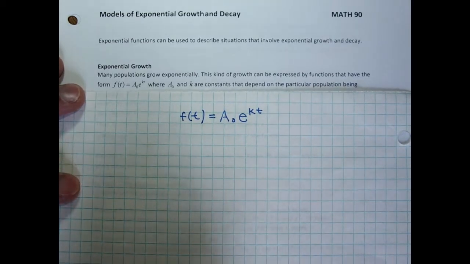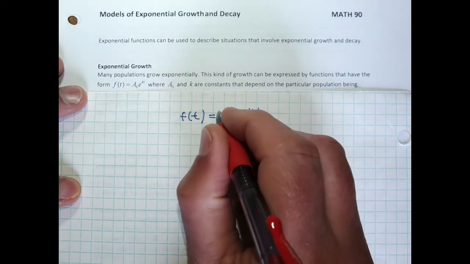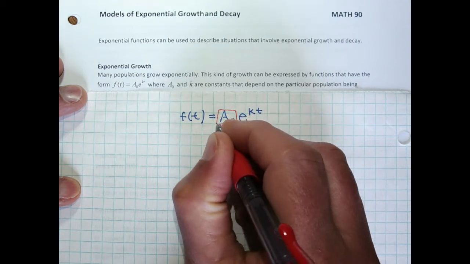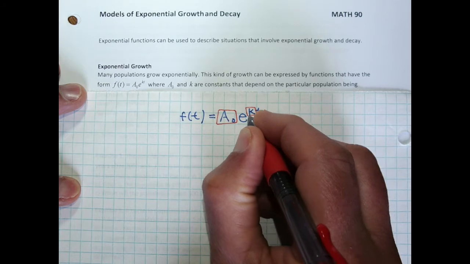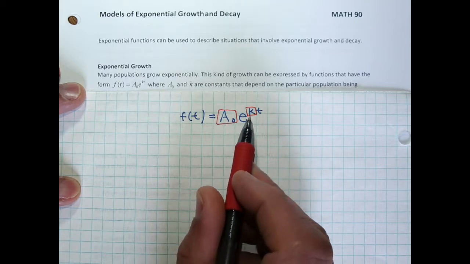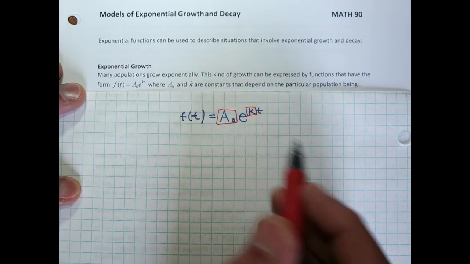So just notice in this form that there are two constants. There's this a sub 0 or a0, and there's also a k. So for an actual function, we're going to have a numerical value for a0 and a numerical value for k to be able to work with that function.